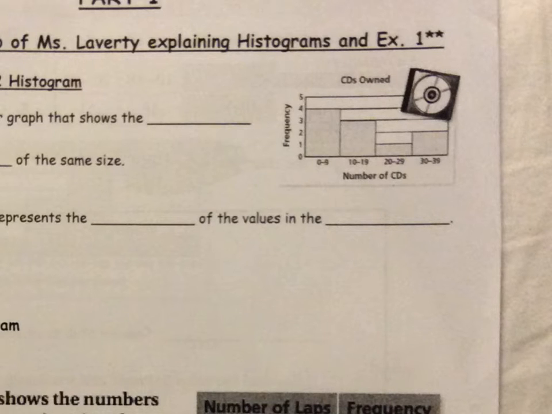Another difference with a histogram is that there's no space between our bars, where oftentimes you will see space in a bar graph, kind of like this. For one bar, you'll see all this space we don't want to see on a histogram. And each of these bars would only have one number rather than the entire range of values that we're talking about.